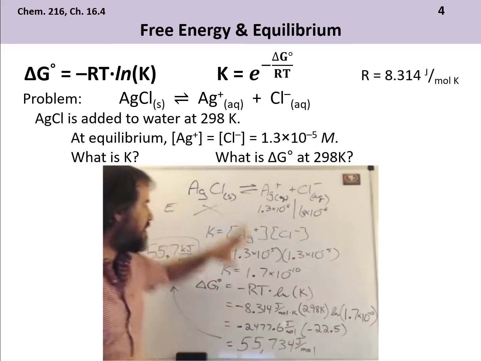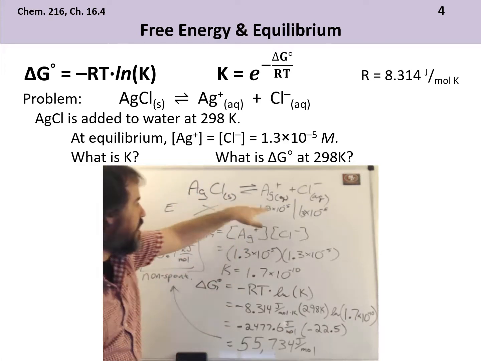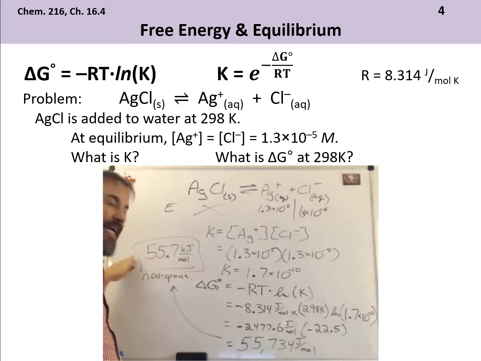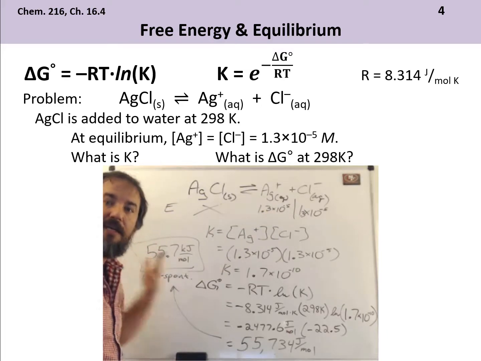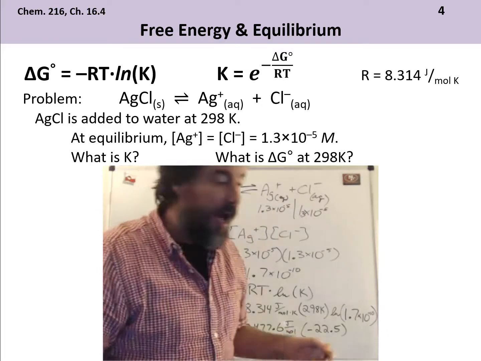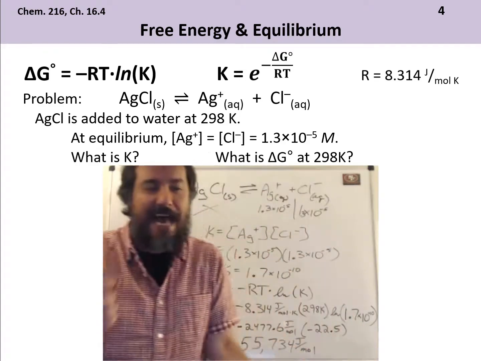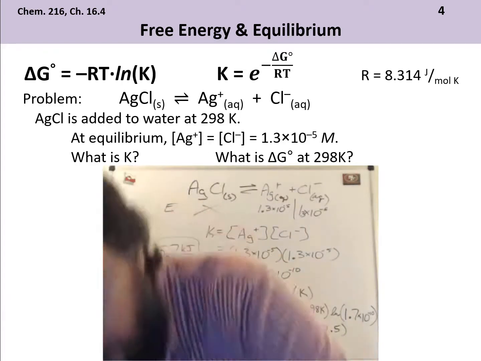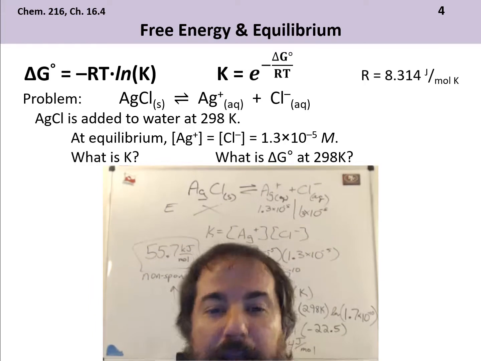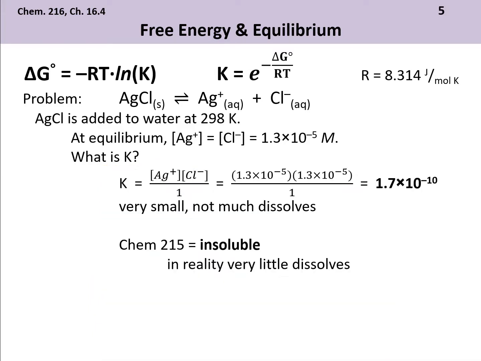What this means is I can have information on equilibrium and I can get thermodynamic data out of it. That's kind of cool, right? Not really, really cool, but just kind of cool, if you're into chemistry. All right, so let's look at this on the screen. First thing we do is we put in our values for K. Remember that AgCl is not in here.